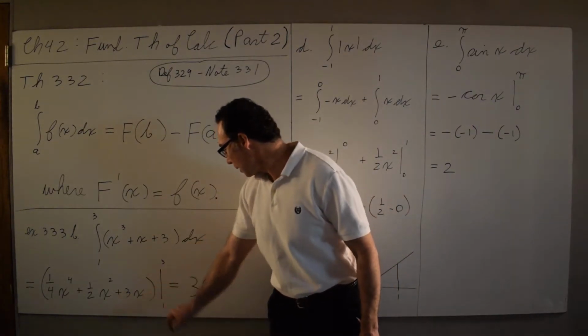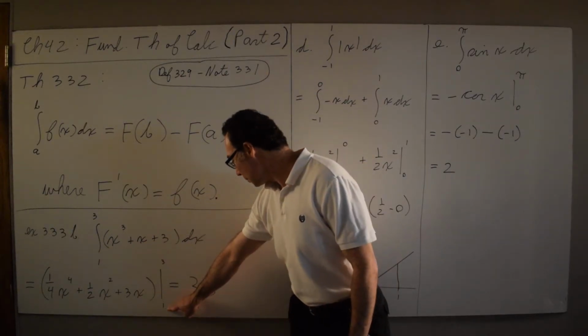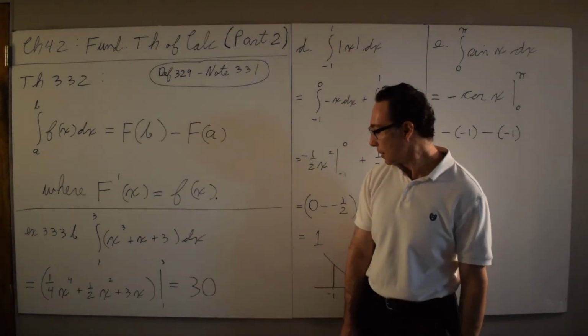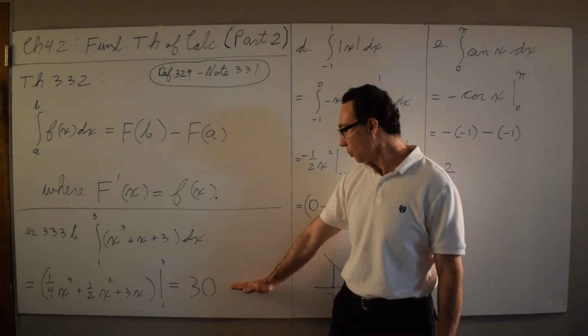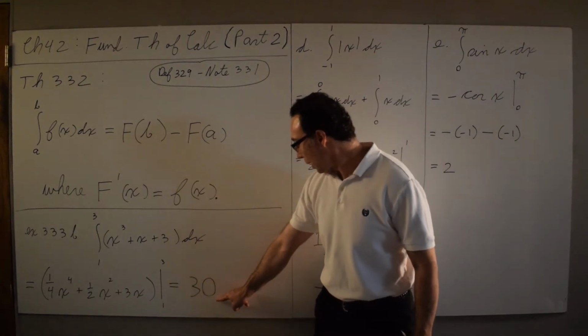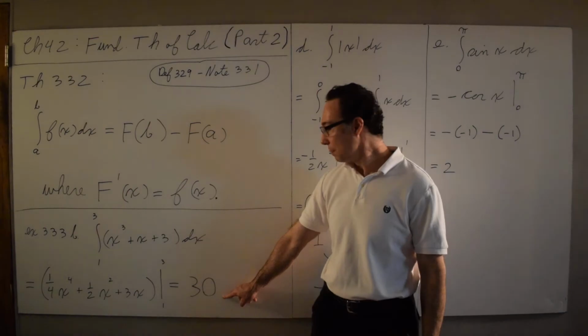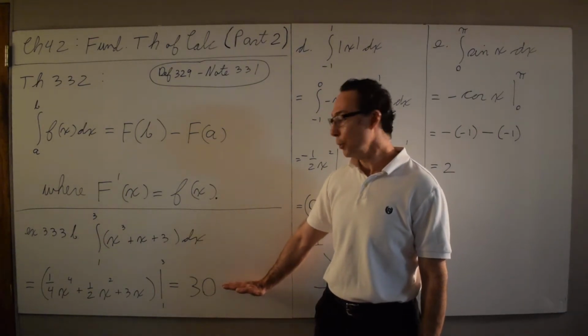After you find the antiderivative, you substitute 3, then you substitute 1, then you subtract. The details of that arithmetic are in the notes, and so you should look at your notes as to where we ended up with the 30. When you're turning in your assignment, I will want you to show those details.